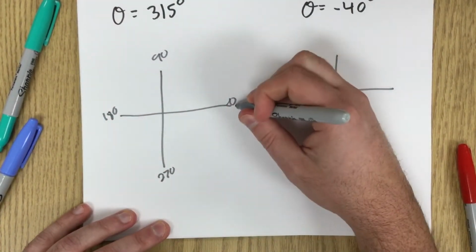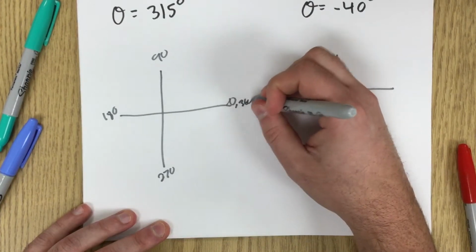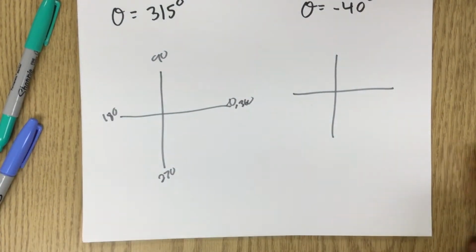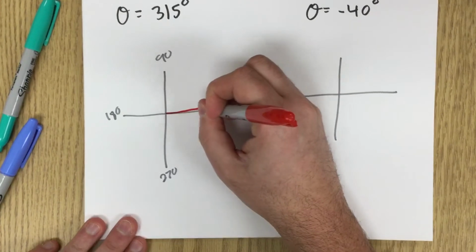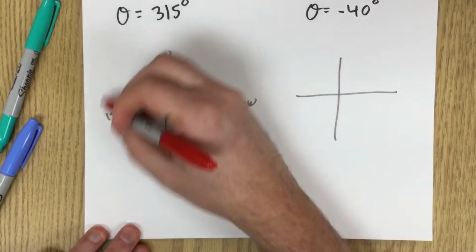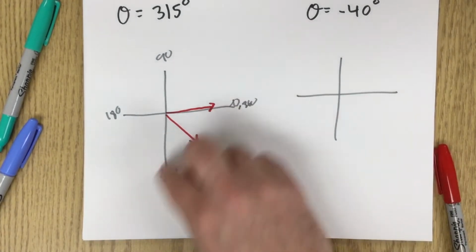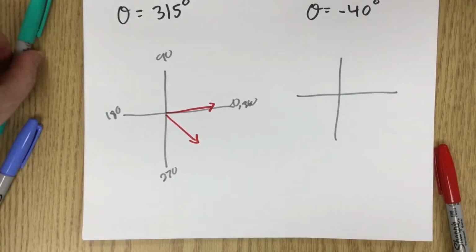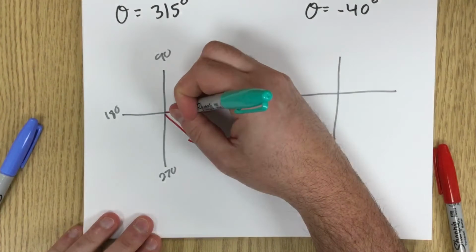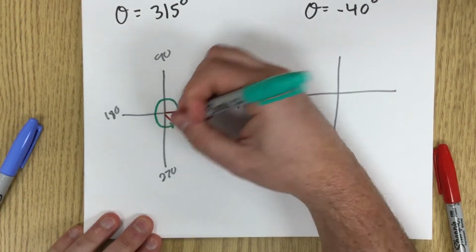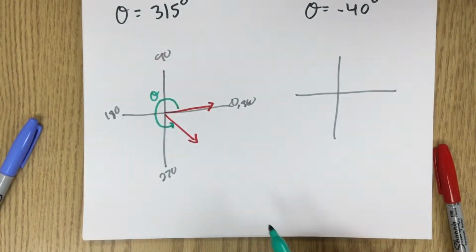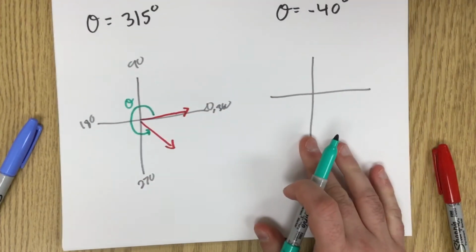If we continued, it would also be 360. We start over there. We go to 315, which is somewhere over there, in that quarter of the graph. And then the angle, when we draw it, looks like this. So that's our angle. The angle goes from there to there.